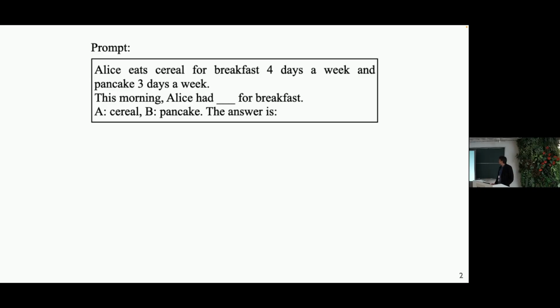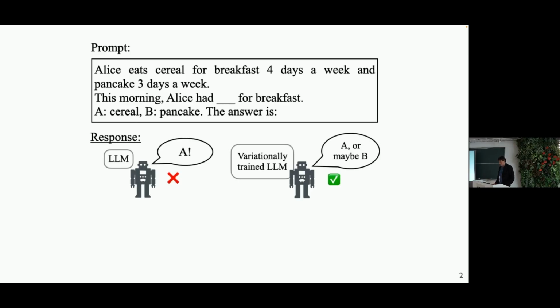Alice eats cereal for breakfast 4 days a week and pancake 3 days a week. Then we want the model to answer, this morning Alice had A, cereal, or B, pancake for breakfast. We asked this to Llama 3, and the model was very certain: the next token probability for A was 1.0. So the response is A.